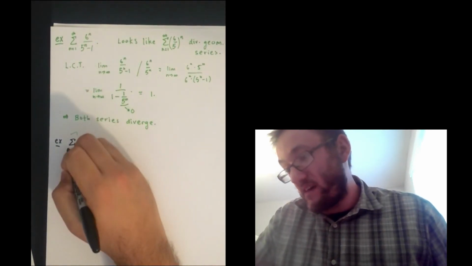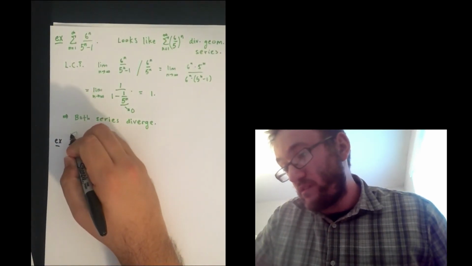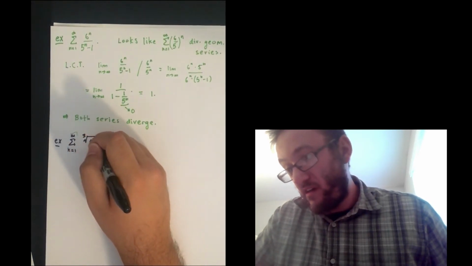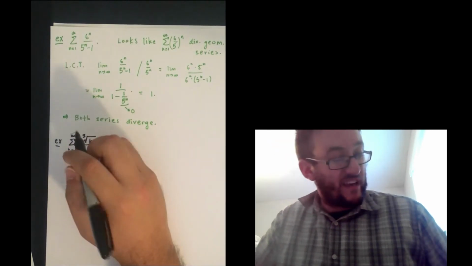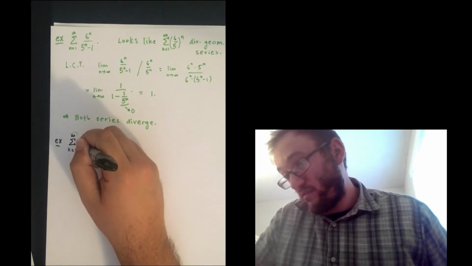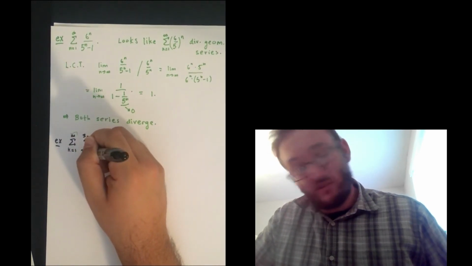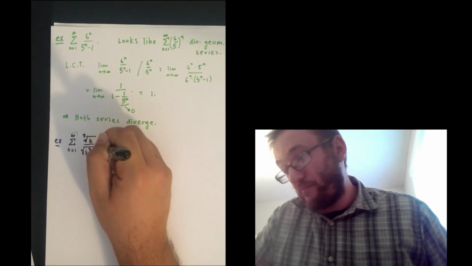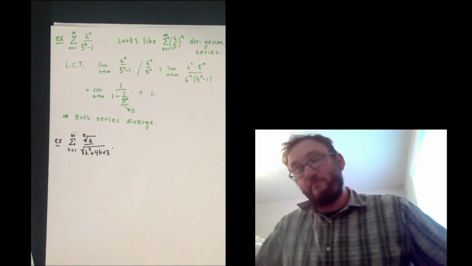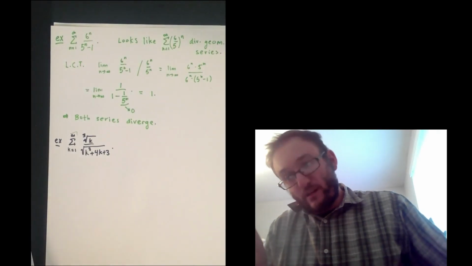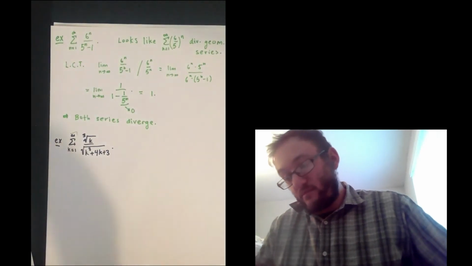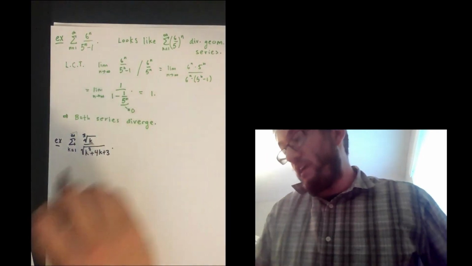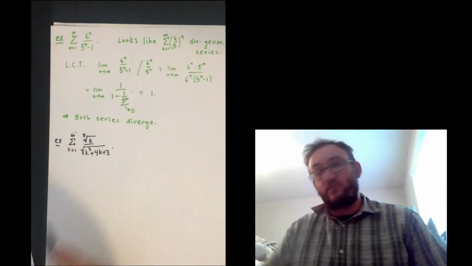So let's say we have the sum k equals 1 to infinity of cube root of k divided by square root of k cubed plus 4k plus 3. Okay? So the trick that I want to suggest that you use here is to just look at the biggest parts of every expression.